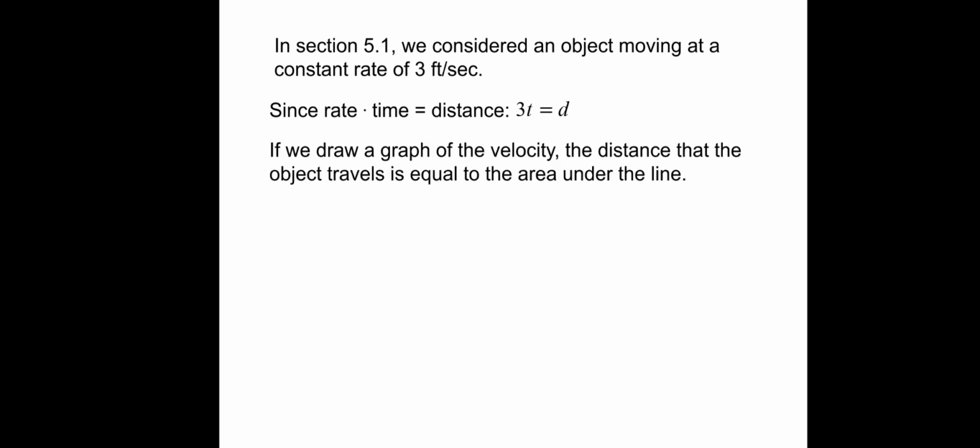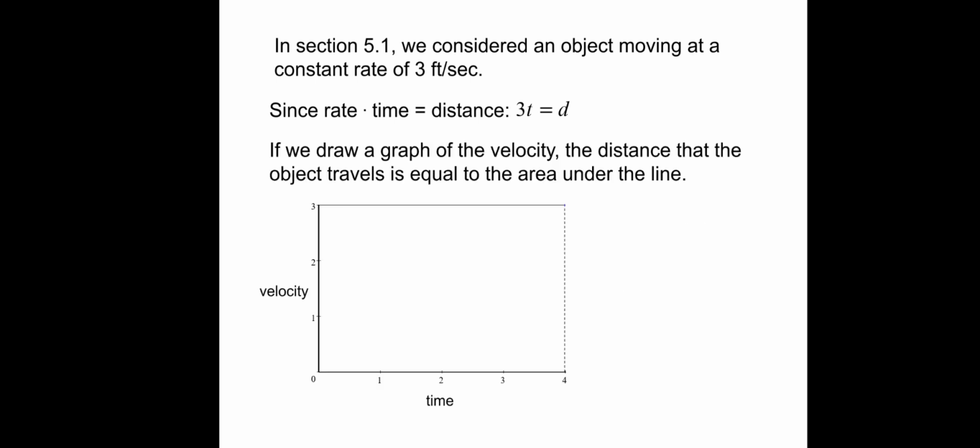We consider an object moving at a constant rate of 3 feet per second. Since rate times time is equal to distance, we have the constant rate of 3 feet per second times time is equal to d.